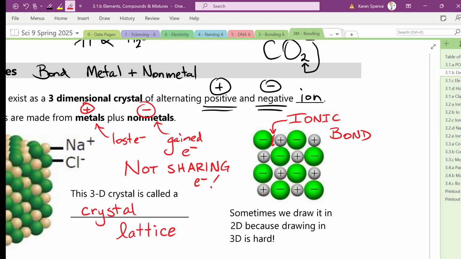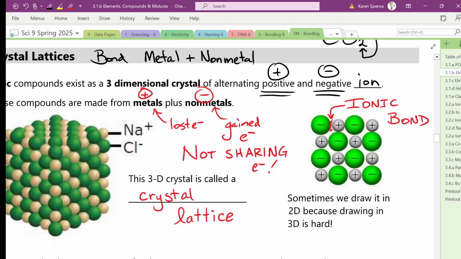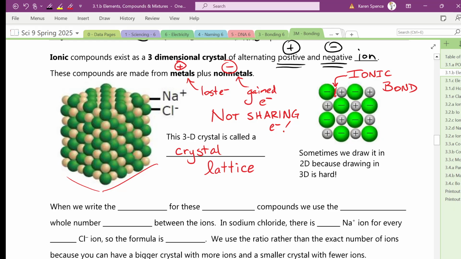And it is indeed a three-dimensional structure, but sometimes we will only draw it in 2 dimensions because drawing in 3D is hard. Yes? Like, God help me, I would never be able to draw this thing here. I don't even like to think about it because I'm not good at art. So when we write the symbol for these ionic compounds, we're not going to write, like, let's say I looked at this one.